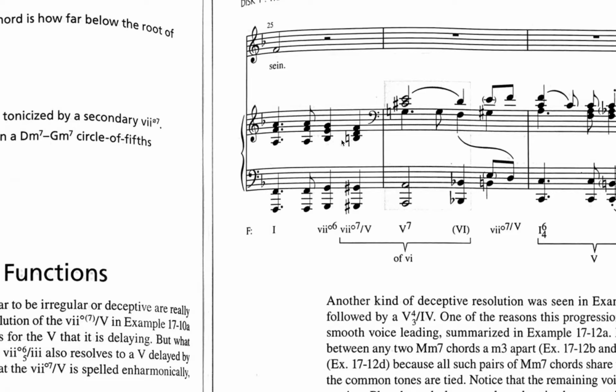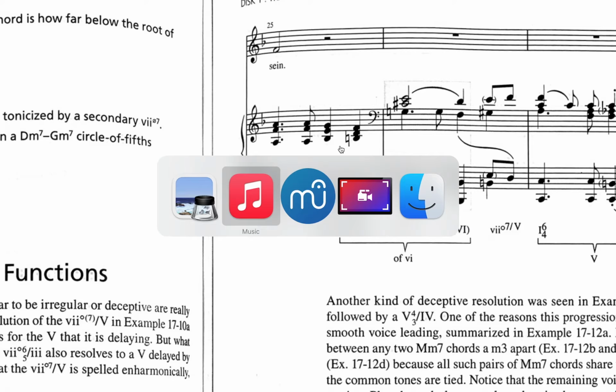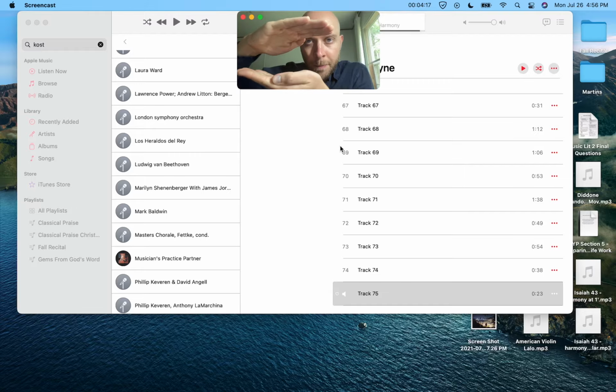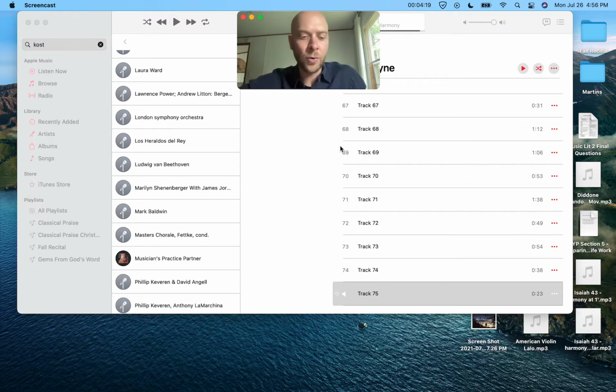These two go down, and this is just octave doubled, so this is the bass and the tenor. And the bass and tenor both go up chromatically. You see that G to G sharp, B to B flat to B natural. So it's almost as if you have this 7th chord and then it gets compressed even more into another 7th chord.